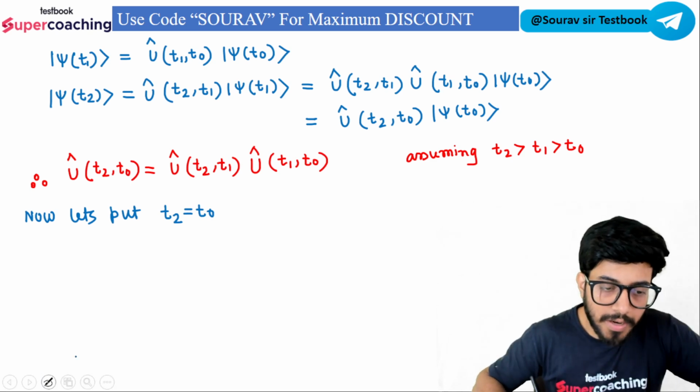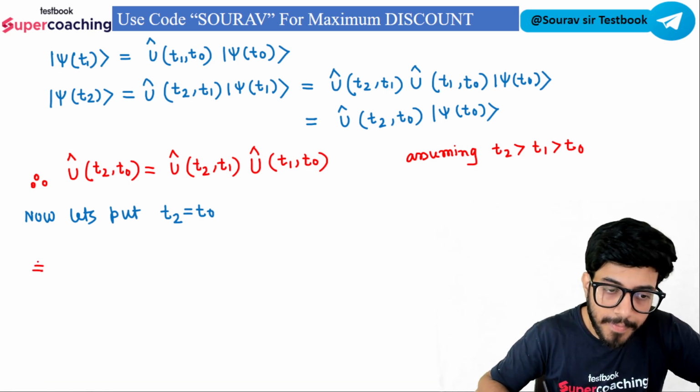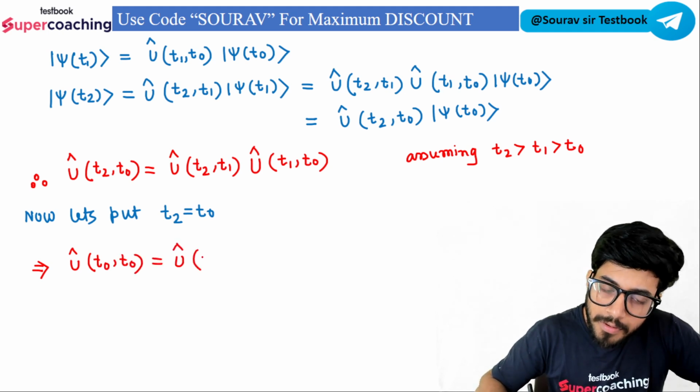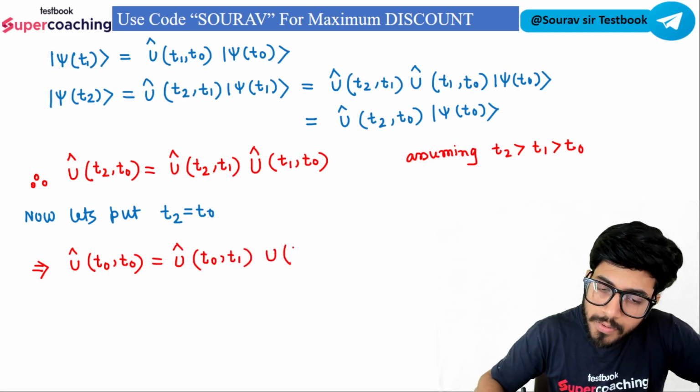So u cap of t naught should be u cap of t naught t1 into t1 t0.